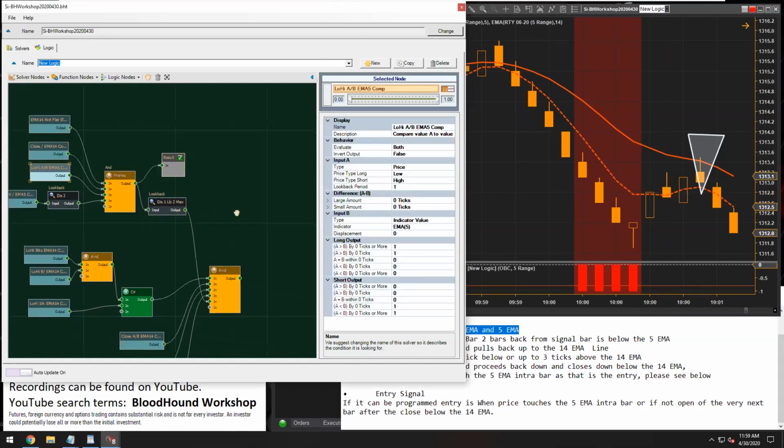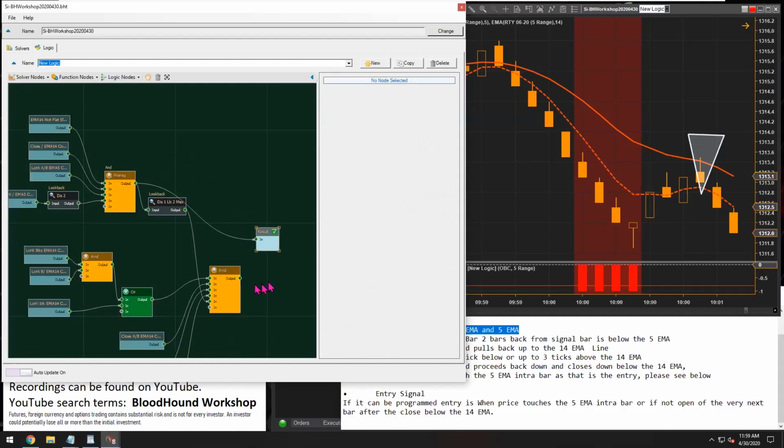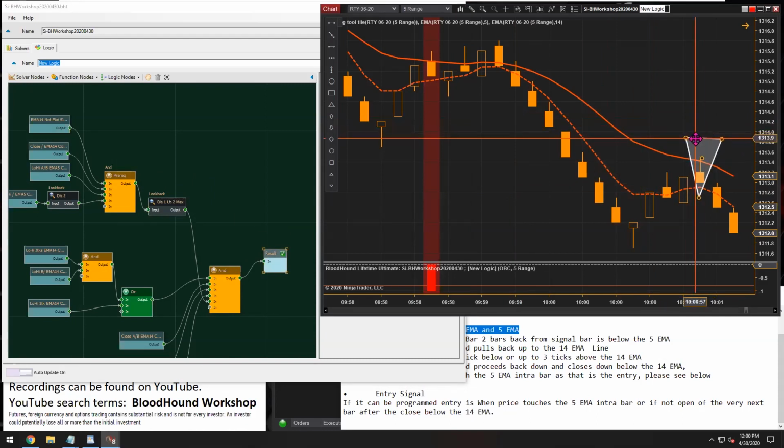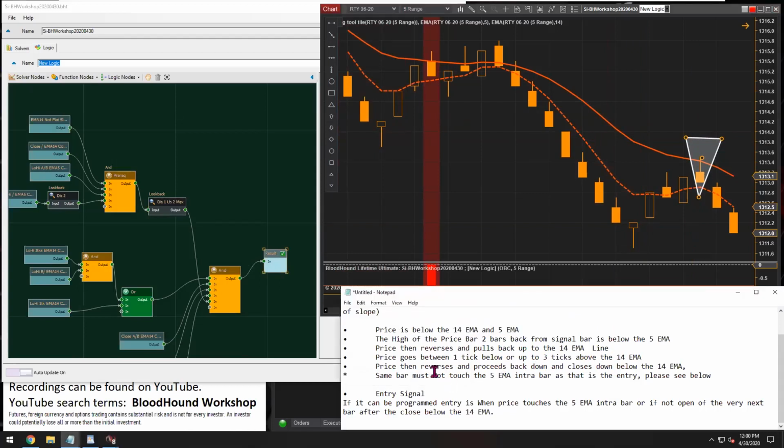Now if I look at the signals, there we go. This one was eliminated. So the high of the price bar, 2 bars back from the signal bar, needs to be below the EMA5.